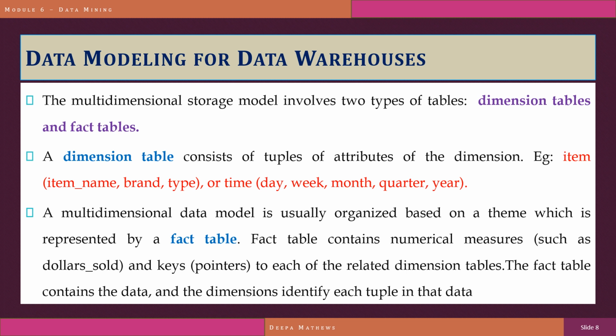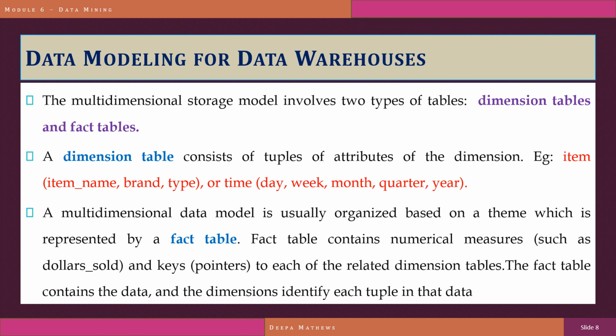Each fact table consists of two things: numerical measures and pointers to the related dimension tables. The fact table contains the data and the dimensions identify each tuple in that data.